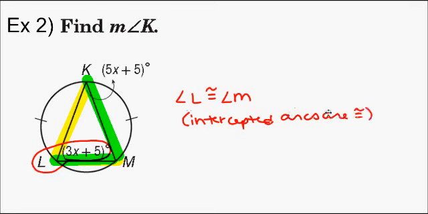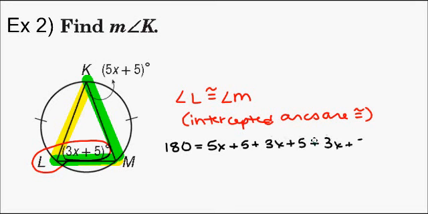So basically, I know that there are 180 degrees in my triangle, and I'm going to get from there 5x plus 5 plus 3x plus 5, that's L, and then M is also 3x plus 5. So this is K, L, M.